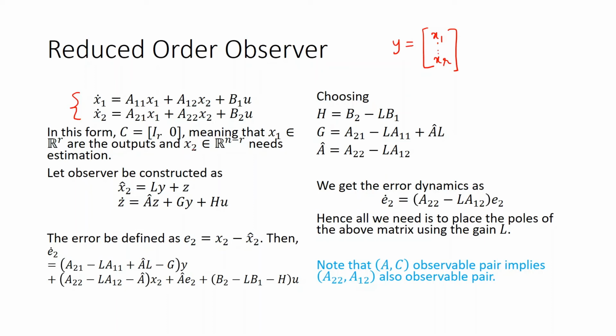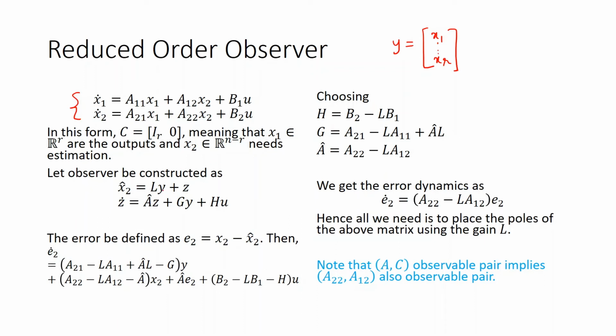However, please note that if you have a noisy measurement, or if there is disturbance in the output, then it is best to go with a full state observer, because in that case the output measurement may be faulty or not trustworthy. But if you have a very trustworthy measurement of the output, then you can go for the reduced order observer. Here the computation becomes a bit lesser, that is all.